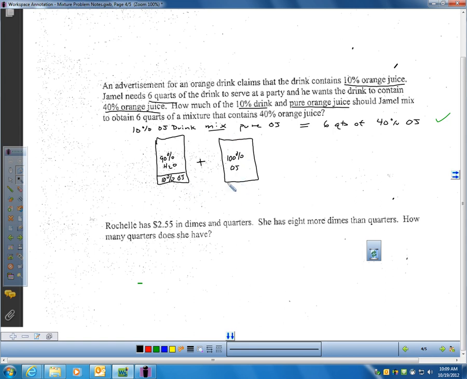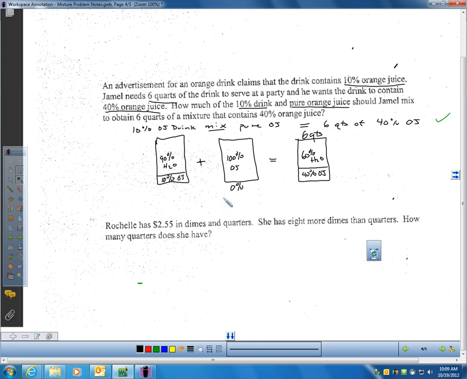I think you already know the answer. There's no water. This is all orange juice. When I'm done mixing these, I'm going to end up with 6 quarts. And in these 6 quarts, I have 40% orange juice, which means this is 60% water.